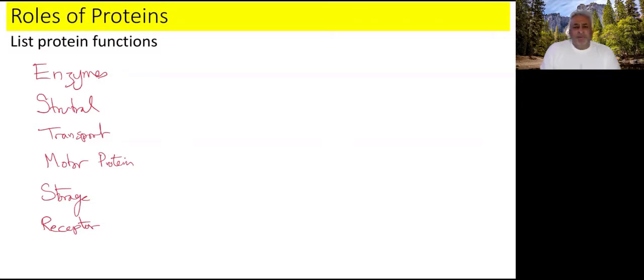So talking about gene regulation, we have transcription factors. And these transcription factors are gene regulators. By binding to genes and their switches, they can regulate the degree to which genes are activated or not. Next, we have signal proteins.